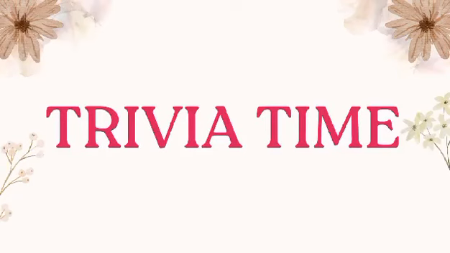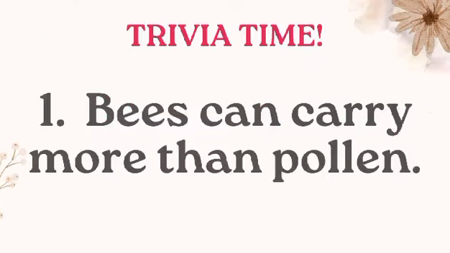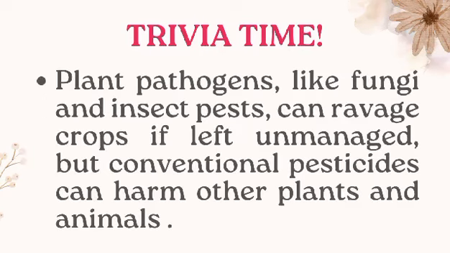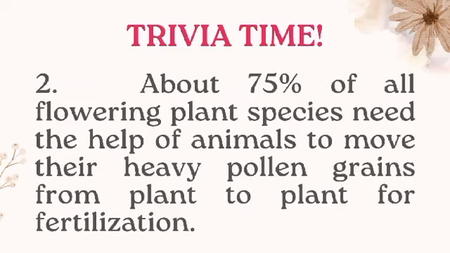Trivia time! Here are three facts about pollinators you won't believe. Number 1. Bees can carry more than pollen. Plant pathogens like fungi and insect pests can ravage crops if left unmanaged, but conventional pesticides can harm other plants and animals. Number 2.